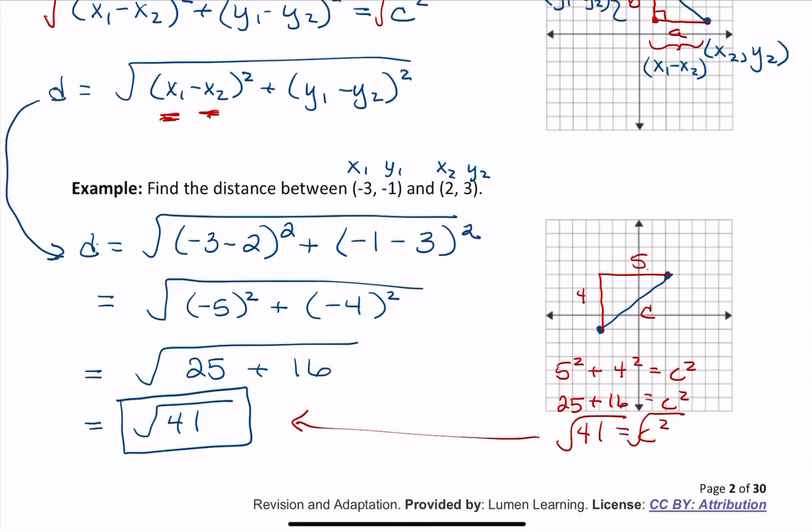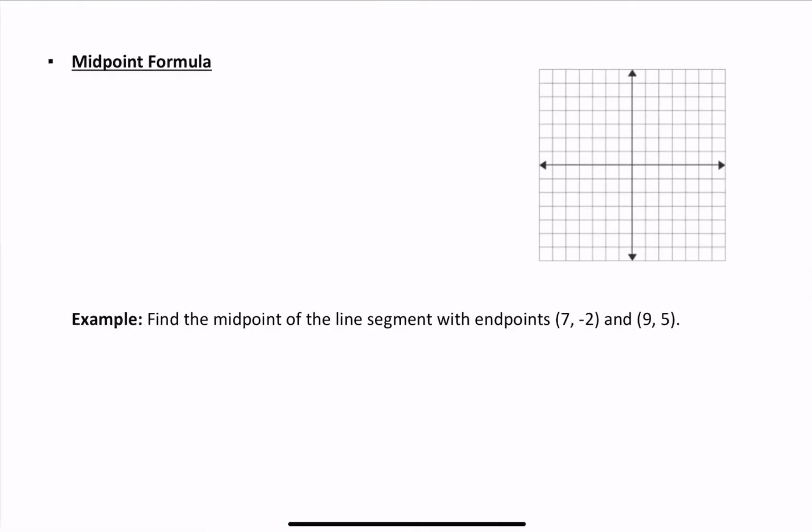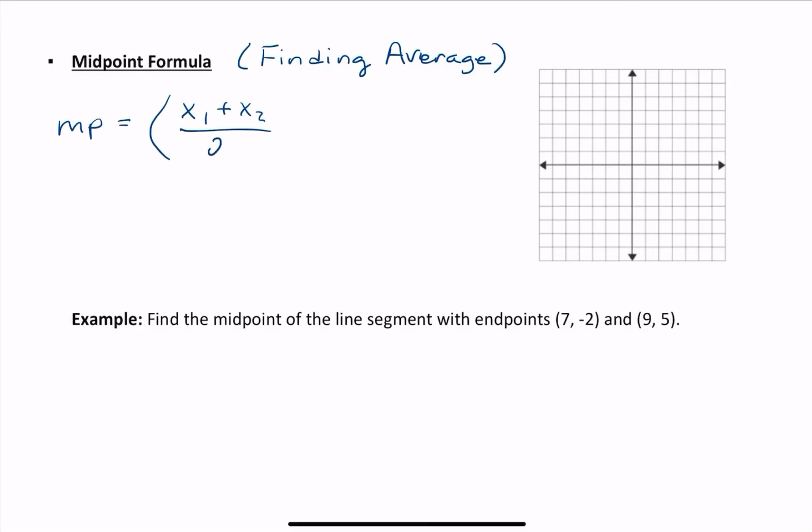Okay, after the distance formula, we've got the midpoint formula, and the midpoint formula is the middle of 2 points. So if you're finding the middle of 2 points, you're basically finding the average of the 2 points. So if I'm finding the midpoint of 2 points, I'm going to add the x coordinates and divide by 2.